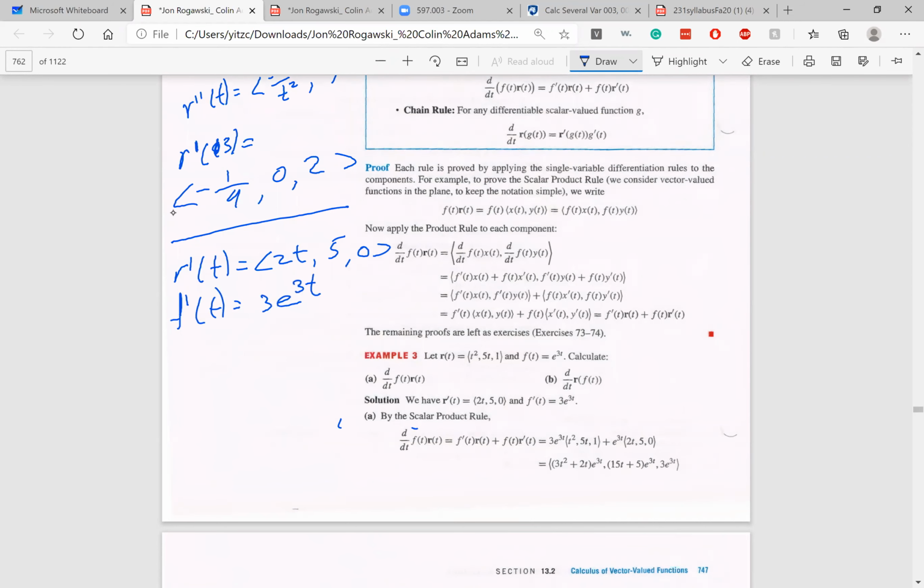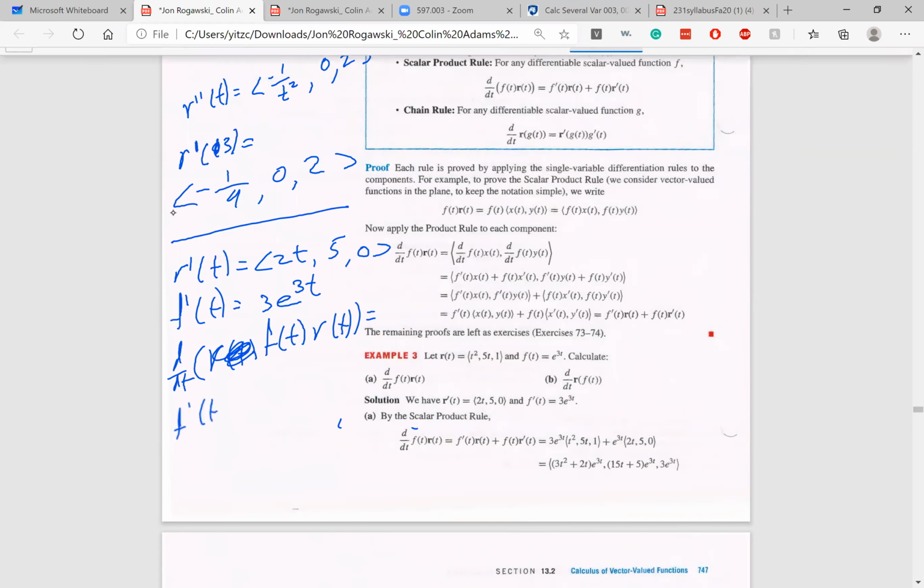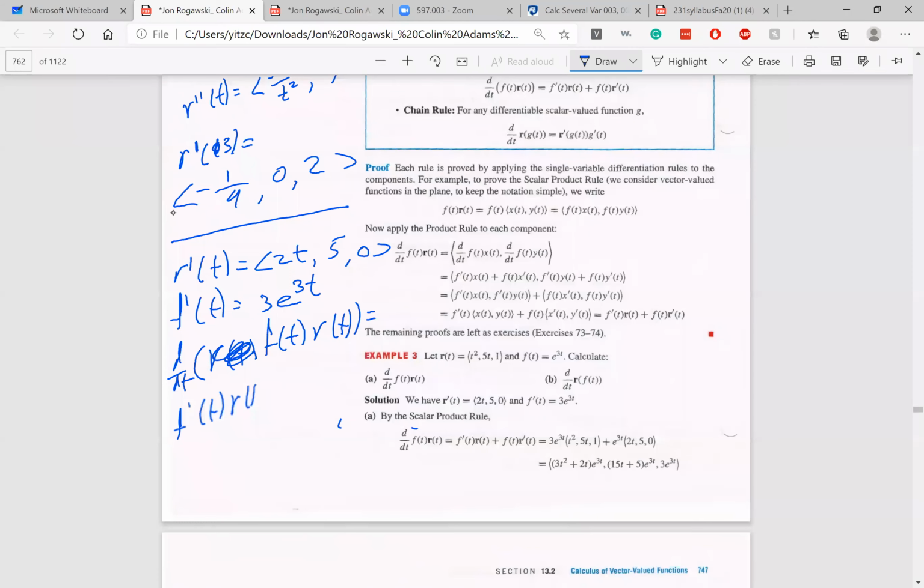So your d over dt of f of t, r of t is equal to f prime of t, r of t, plus r prime of t, f of t.